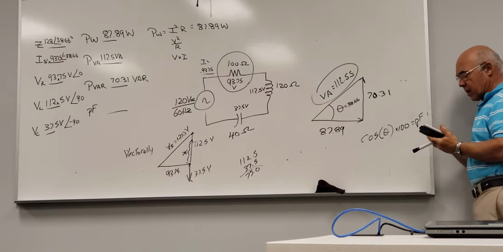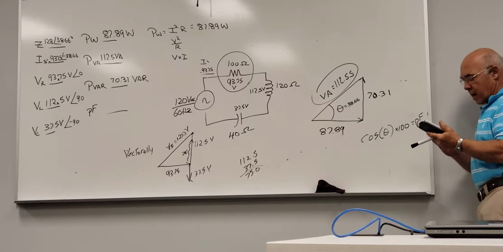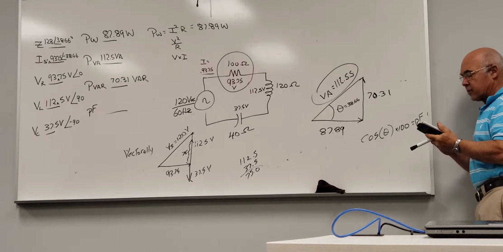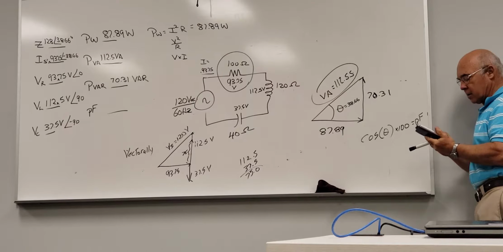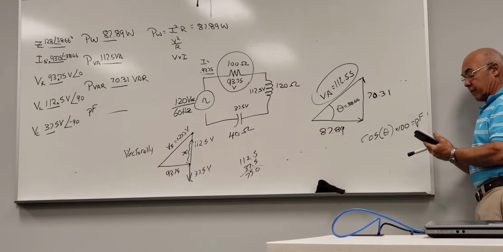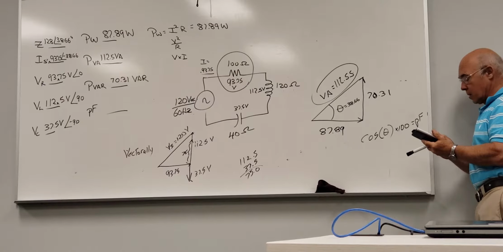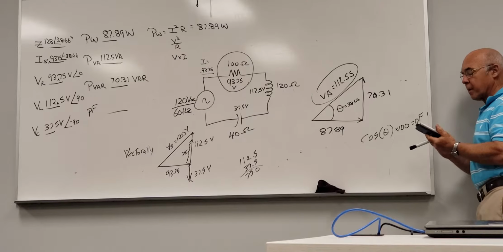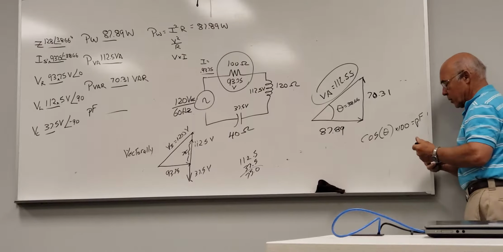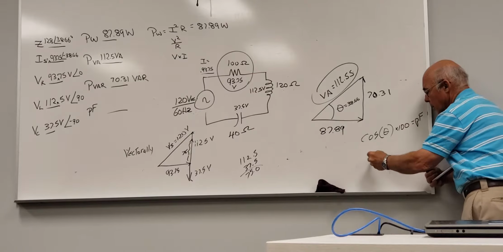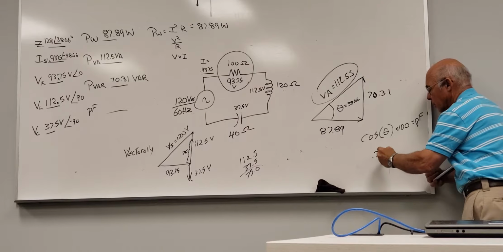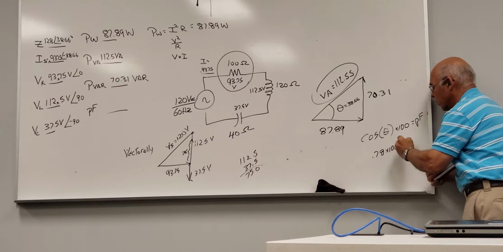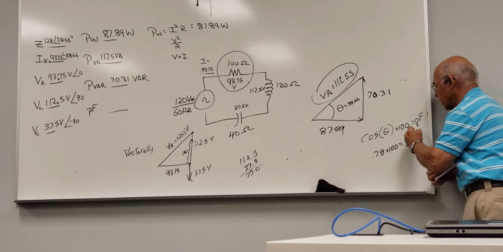Power factor in this case, I got 38.66, and I'm going to take the cosine of that. So cosine, I find the button, there we go. Cosine of 38.66 equals 0.78. 0.78 times 100 equals 78% power factor.